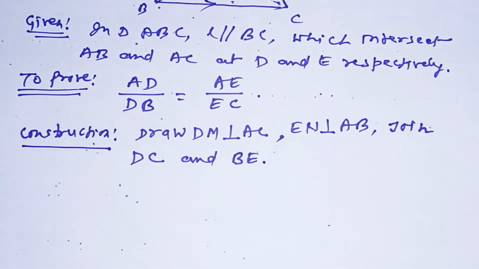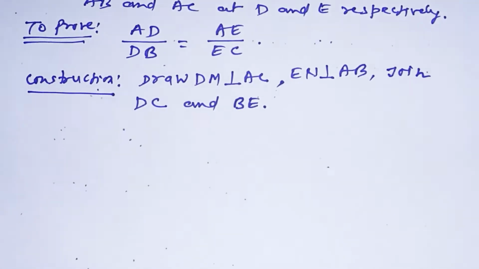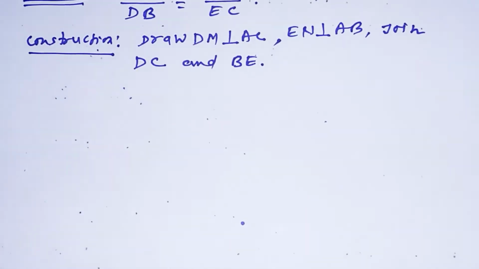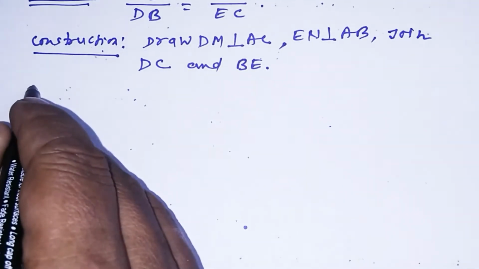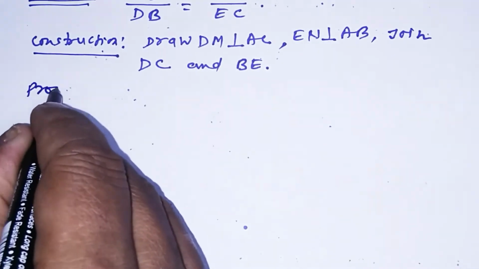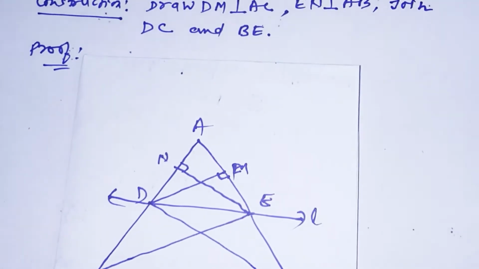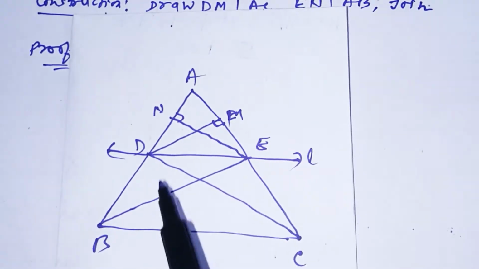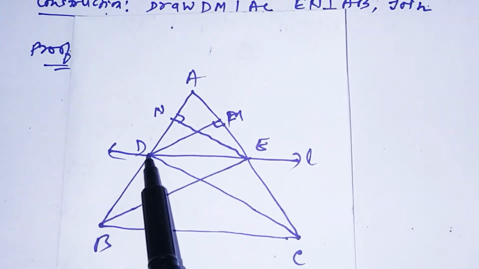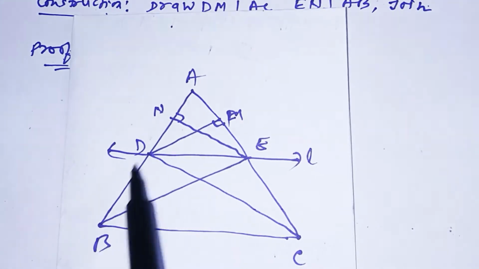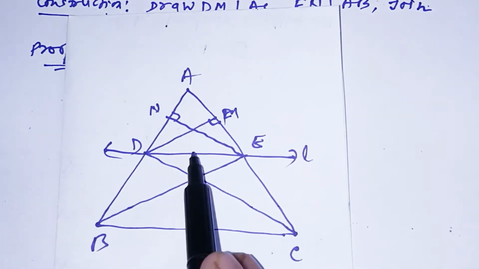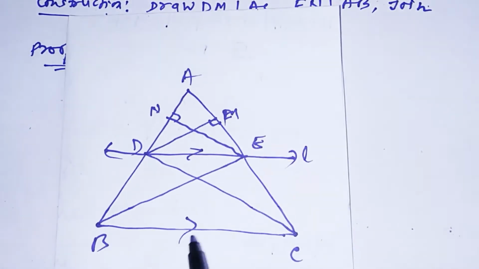Now you have to go for the proof. First you go through the figure. In triangle ABC, D and E are points on AB and AC, and DE is parallel to BC.